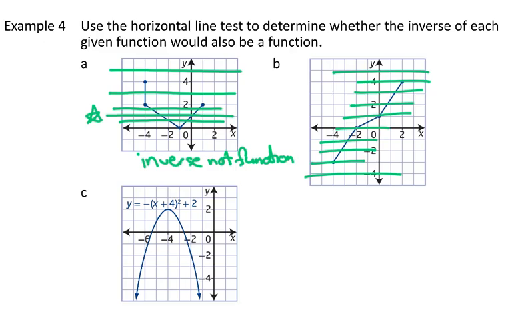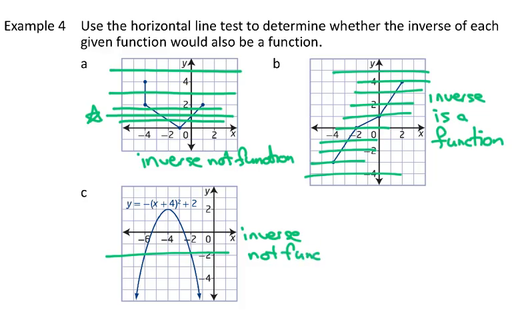I cannot find a horizontal line that passes more than once, so because of that, it passes the horizontal line test, which means that the inverse is a function. C, I have many different options for a fail of the horizontal line test, and as soon as it fails any line, then the inverse is not a function.